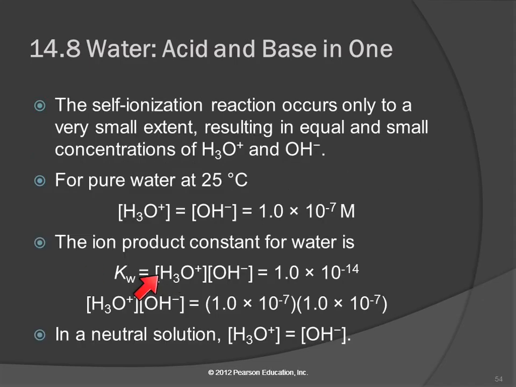So Kw equals hydronium times hydroxide ion concentration. The value of Kw is 1 times 10 to the minus 14. That tells us that the reaction favors the reactants and that there are very little of those products formed.